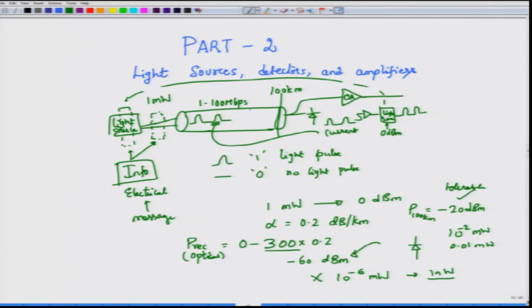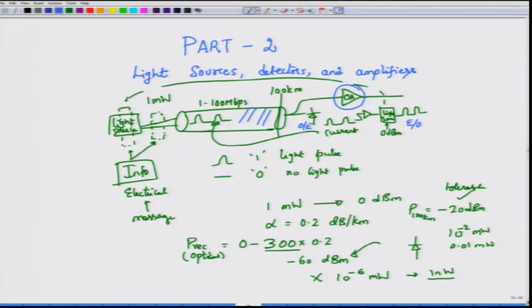So, you could offset the losses in the fiber by directly amplifying in the optical domain, not converting into the electrical domain. Okay. So, this conversion from optical to electrical domain is sometimes characterized as O/E, standing for optical to electrical conversion, and then converting from current or electrical format onto the optical is called E/O, which is electrical to optical converters.